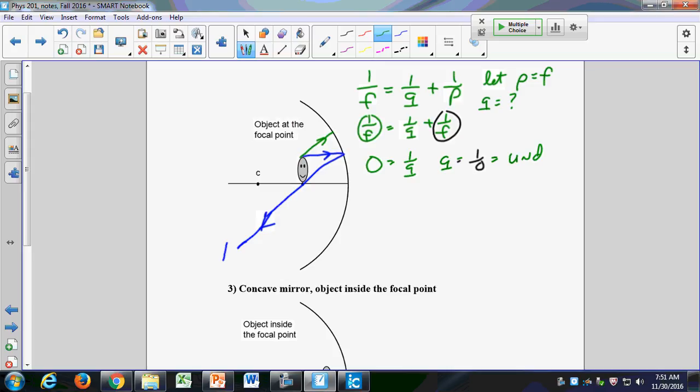If you have your straight edge, you would lay it down such that you have a straight line up there, and then it would trace back on itself like this. Notice this is rule number 3. And then, just for giggles, I can do rule number 4 as well: to the center of the mirror, and then it reflects back with the law of reflection.